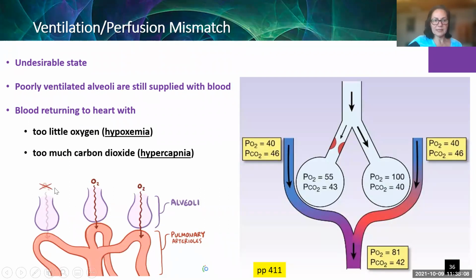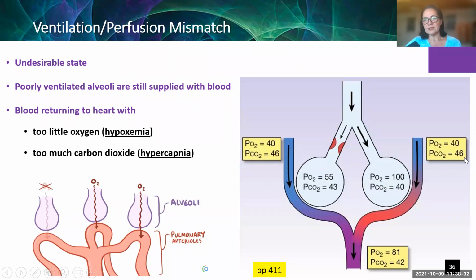We have less oxygen being supplied, but we didn't get that limitation in blood through there. So we're still going by there, which means the blood that's being sent here is not going to be very efficient. It's not going to be able to pick up very much oxygen, and it's not going to be able to drop off very much carbon dioxide if there's not very good ventilation here.